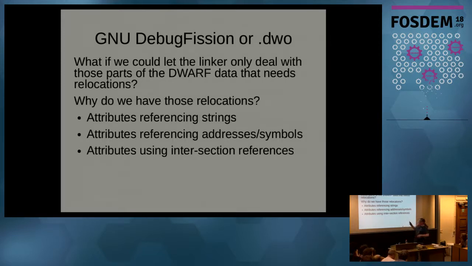Strings. It's really nice if the tools know how to merge strings, because a lot of the DWARF data is strings, and you really want those to be merged. And of course, for the addresses, symbols, you need relocations, and you use relocations for the cross references.